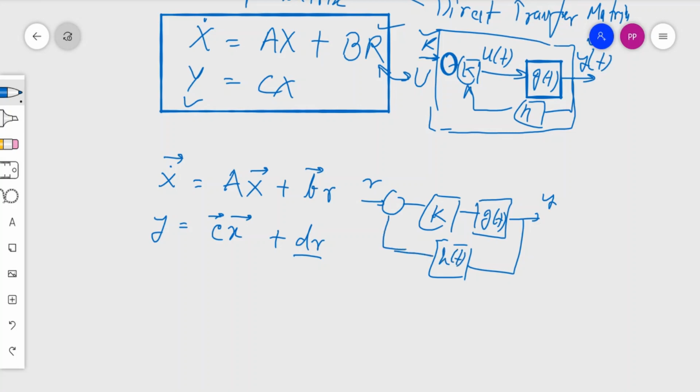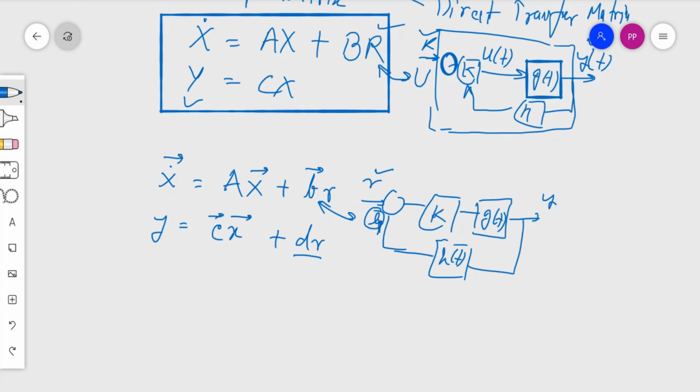So naturally, to cope up with R, your B should also be small. This B and this B are different. So let us write this as B1 for the time being.